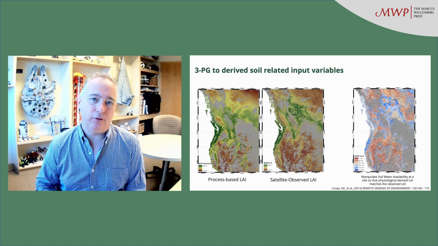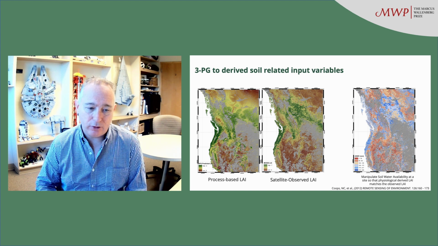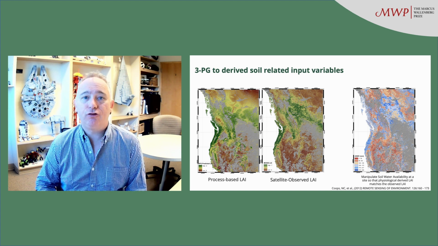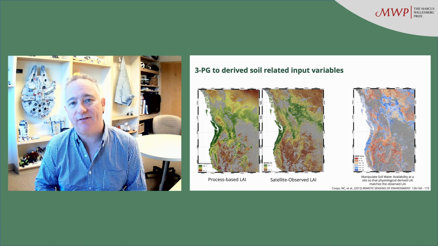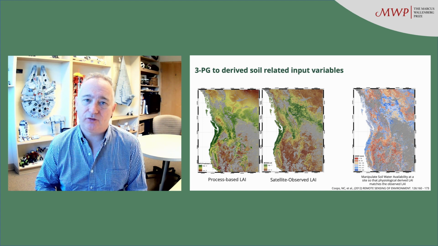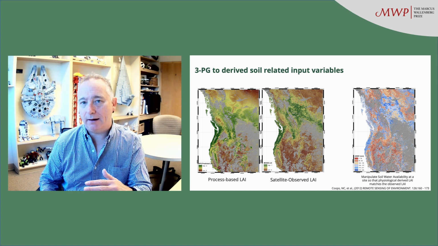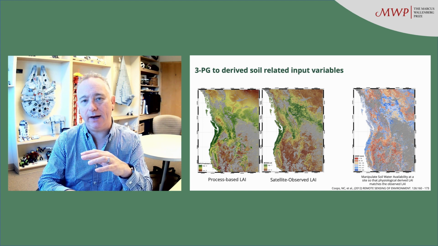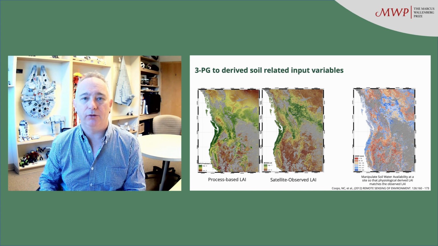So in some work that Dick and I undertook in 2010 and 11, we went away and tried to link these two ideas together, to use the leaf area estimates from space as the benchmark, and then vary the predictions of leaf area from 3PG based on different soil inputs.